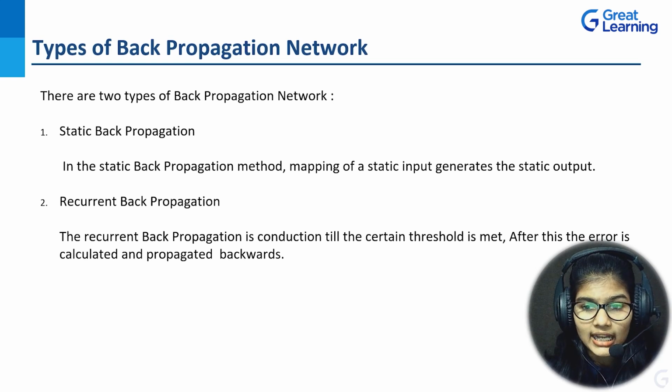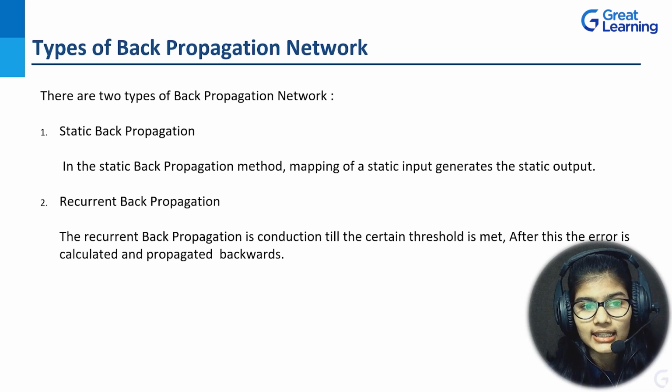And after that, the error is calculated and it is propagated backwards. So in the recurrent back propagation, the condition is that it is conducted till a certain threshold is met. After the meeting of the certain threshold, the error is calculated and then it is propagated backwards.